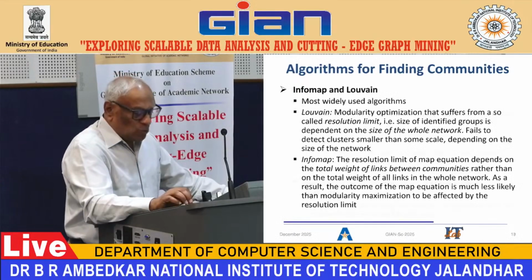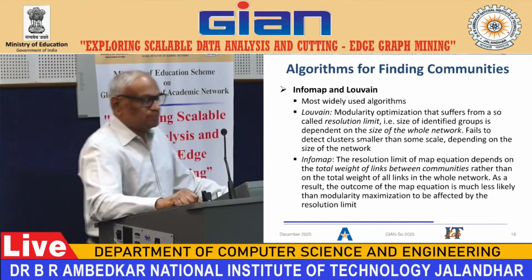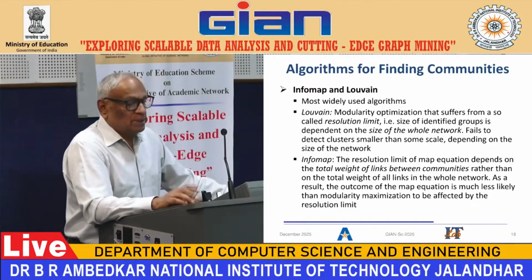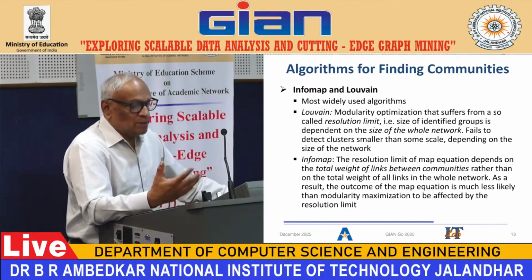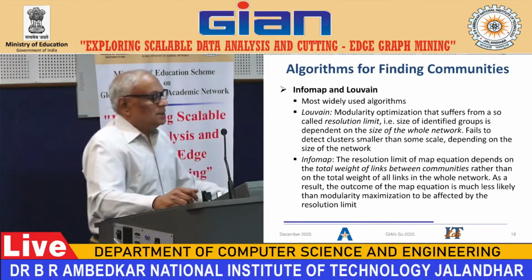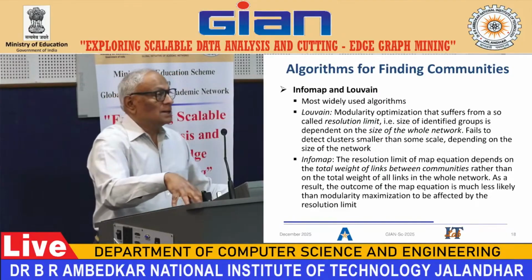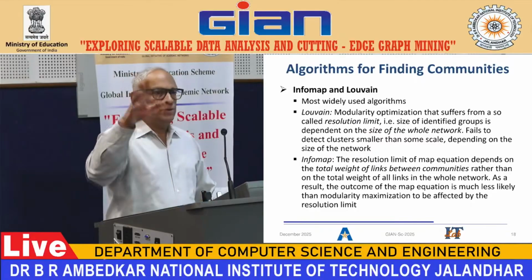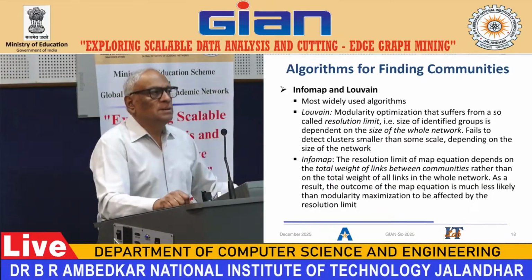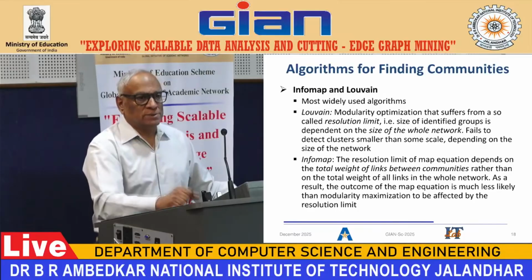So Infomap and Louvain, of all, there are about 6 different packages that are publicly available for computing communities. You may want to look them up, and if it is of interest, you may want to play with them. The best way to understand some of these things is to give a small graph, 10 nodes, 15 edges, or 20 nodes, 30 edges, that you can visually understand, run it through the algorithm and see what it gives.